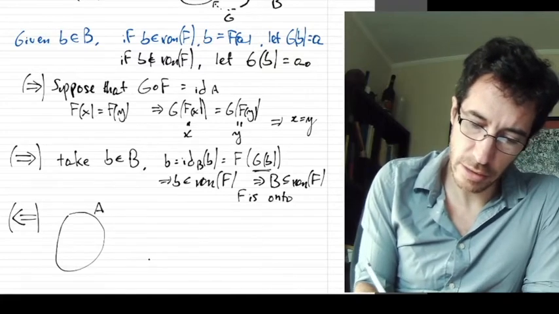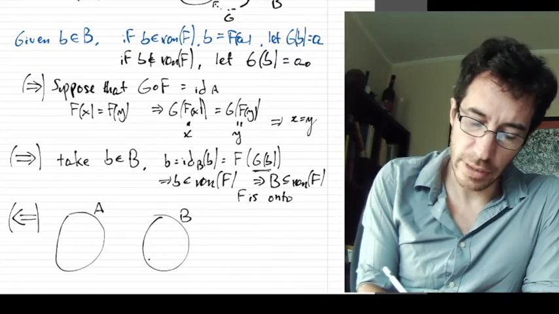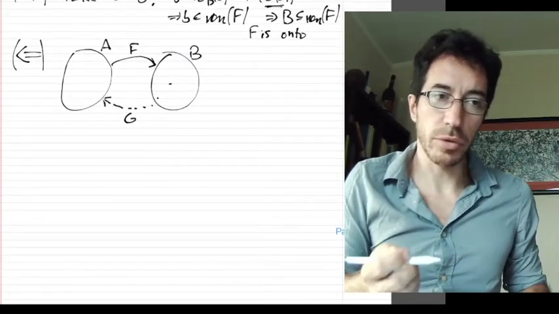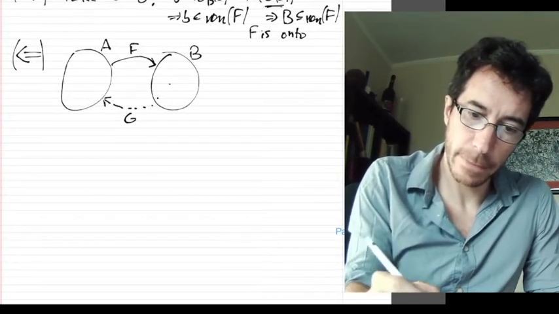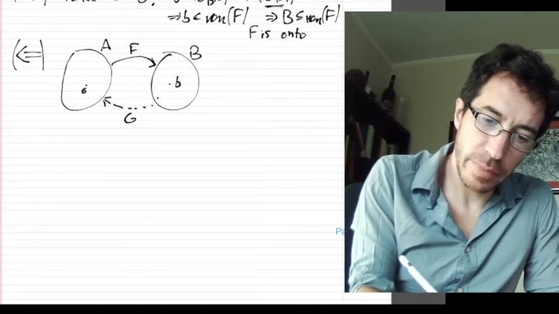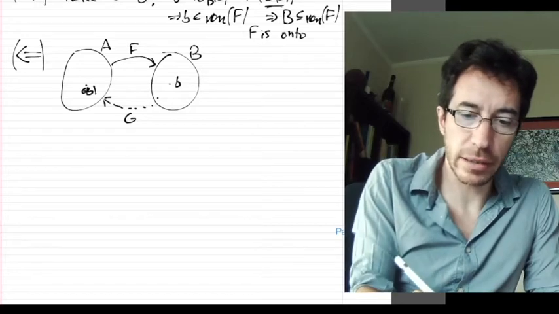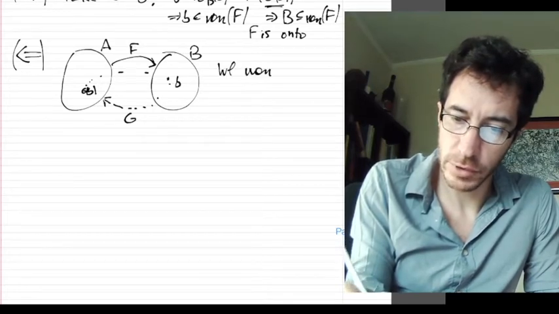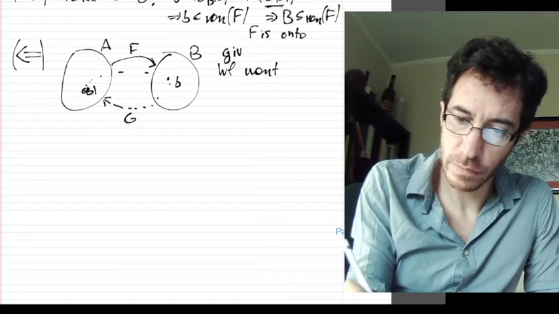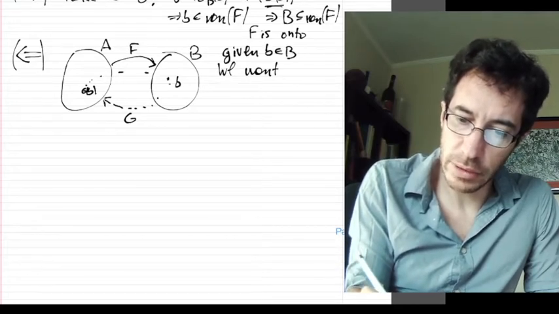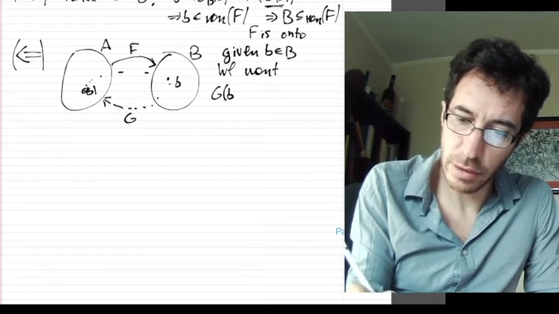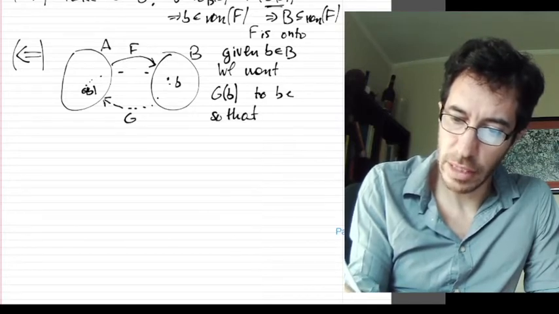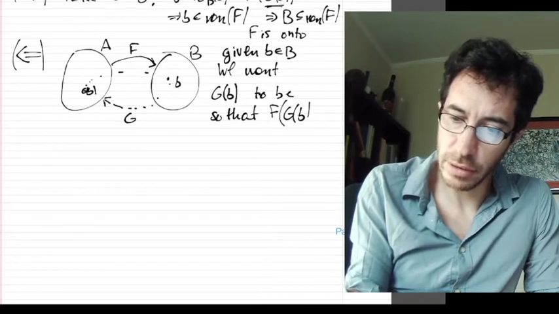Here is A, here is B. We are given F. We want to define G so that if you're given B right here, we want G of B to be something that when you apply F back, you get back to B. So given B that belongs to B, we want G of B to be such that F of G of B equals B.